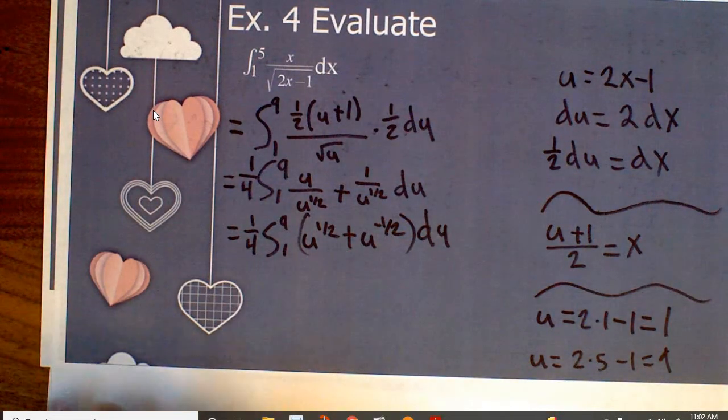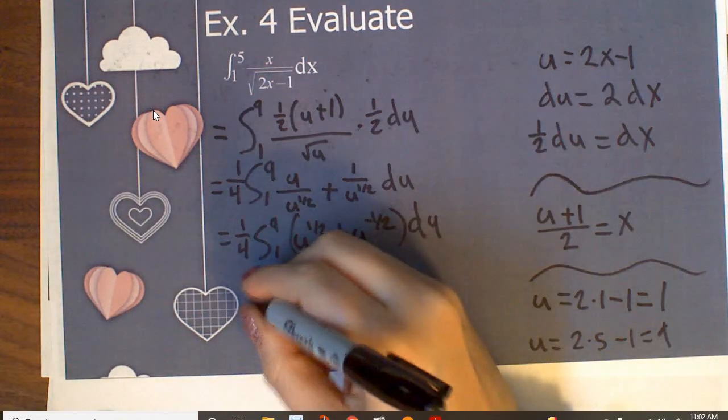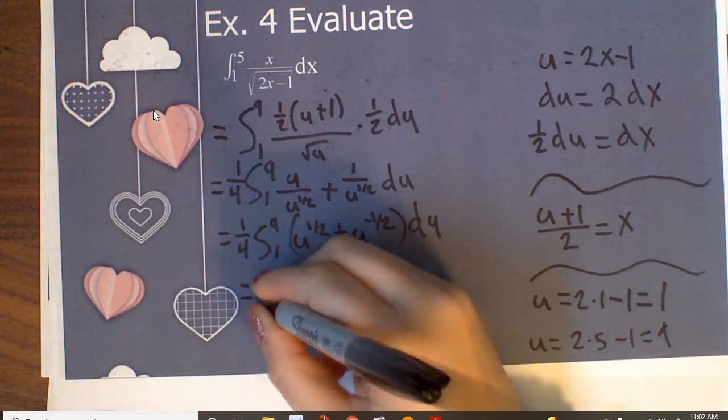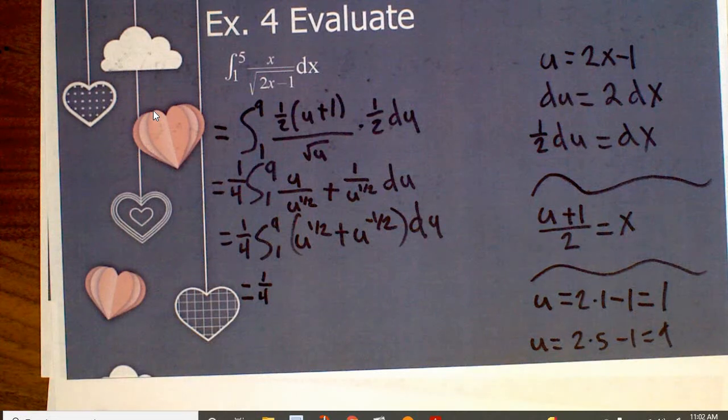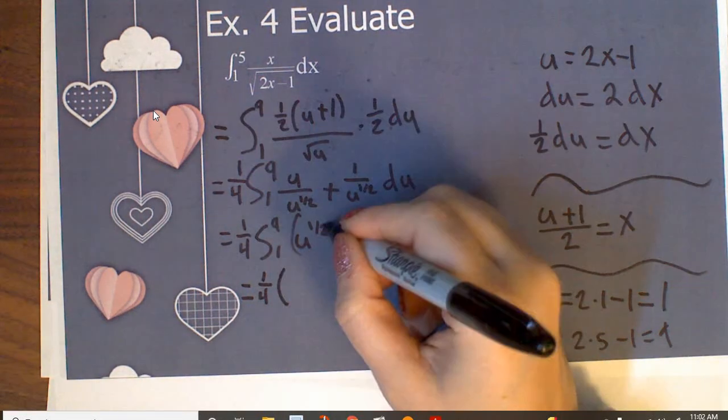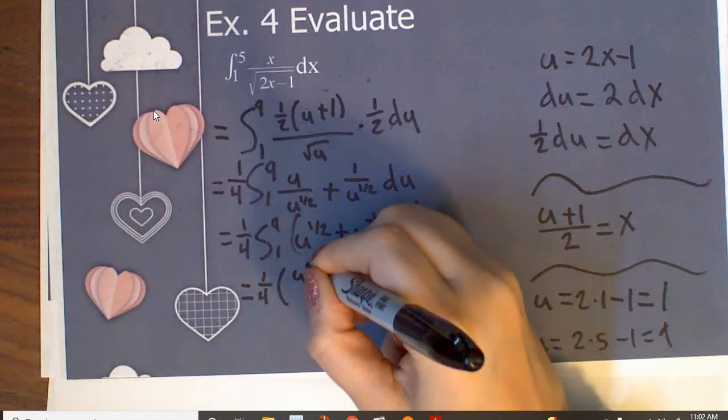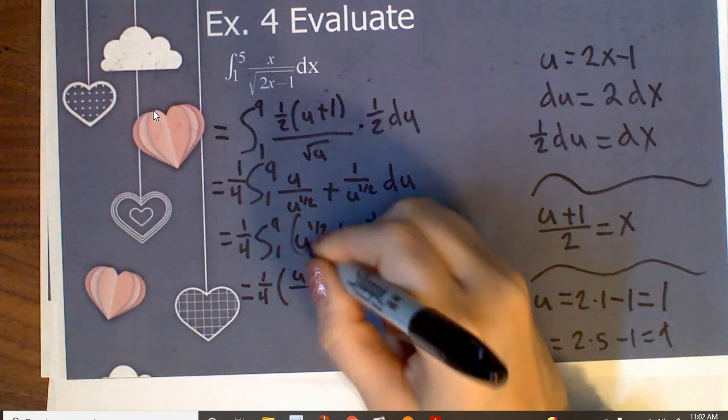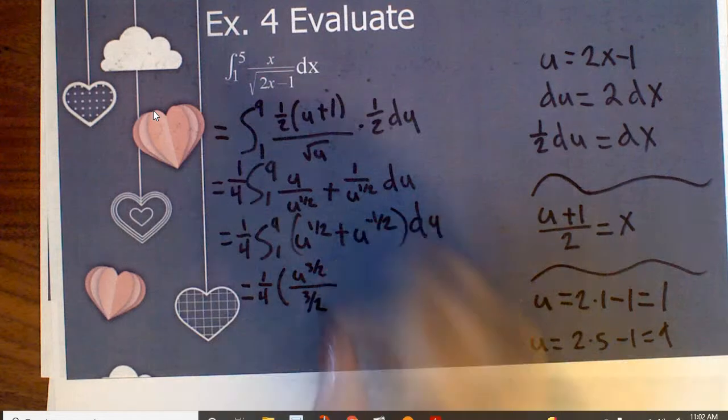And then from there, it's going to be just like with any of our other stuff. I have 1/4. I need to add a 1, so I would get 3/2 here. So u to the 3/2 divided by 3/2.